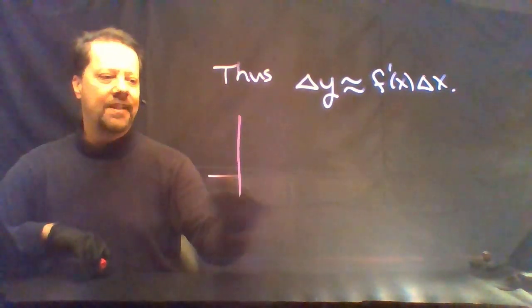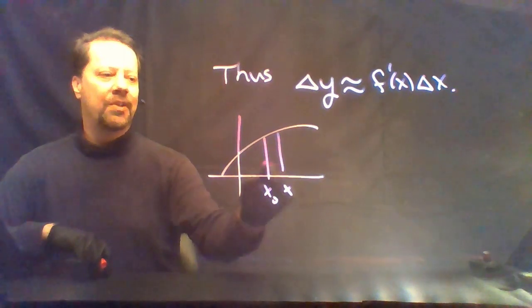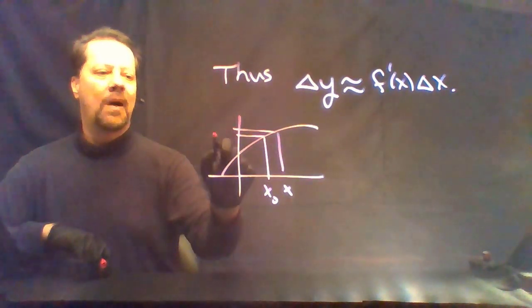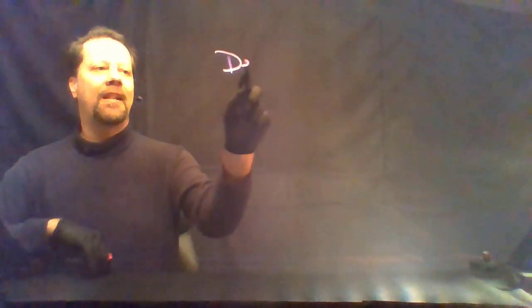That should make some kind of sense graphically. If you go from x naught to x, you have a small change in x. That leads to a small change in y. That's going to permit us to make the following definition.